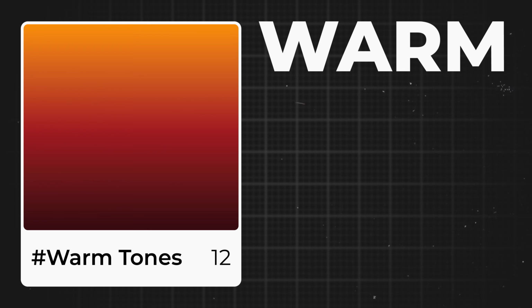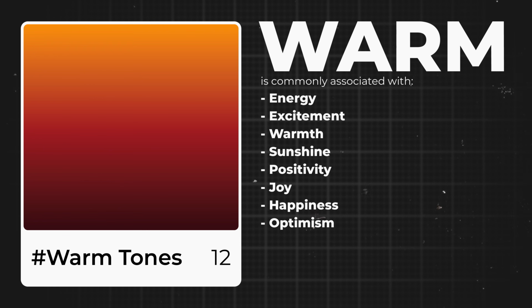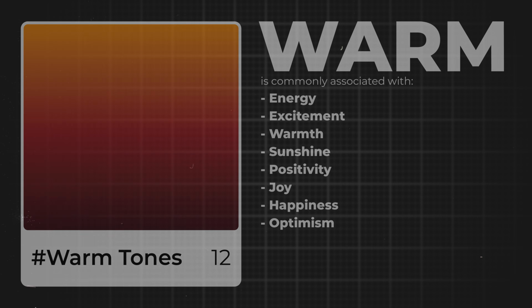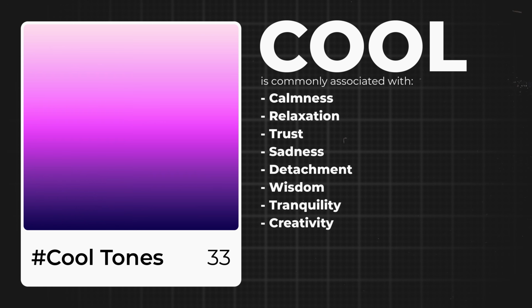Cool and warm colours can also represent certain emotions as well. Warm colours, i.e. red, orange and yellow, are often associated with energy, excitement, warmth and attention-grabbing emotions, whereas cool colours, i.e. blue, green and purple, can typically evoke calmness, relaxation, trust and sometimes sadness or even detachment in certain photos.